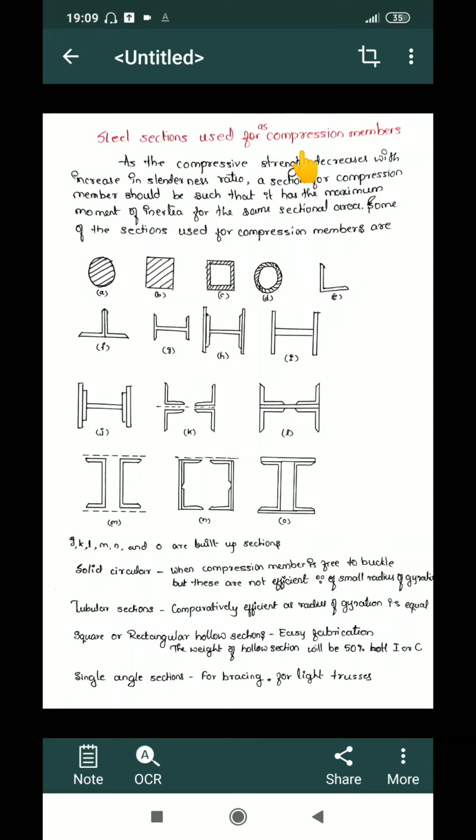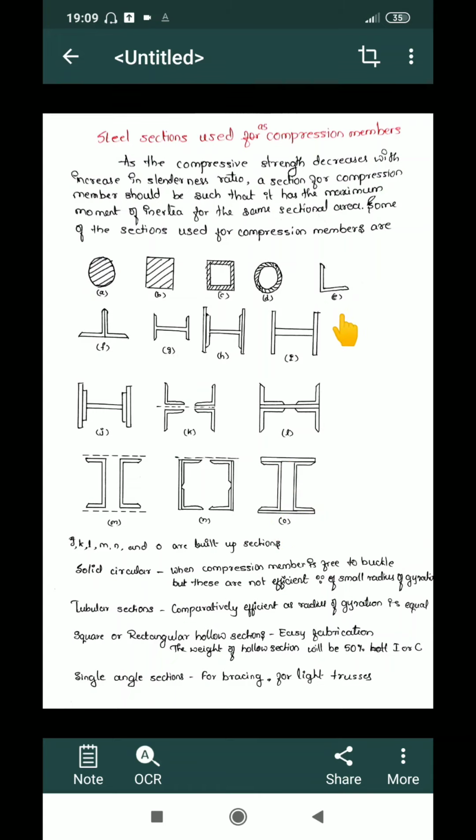In general, for any compression member, we may use all these types of steel sections: solid circular, solid rectangular, hollow circular, angle section, double angle section, I section with plate, built up I sections with plate, built up channel sections with plate, double channel section, double channel sections with plate.